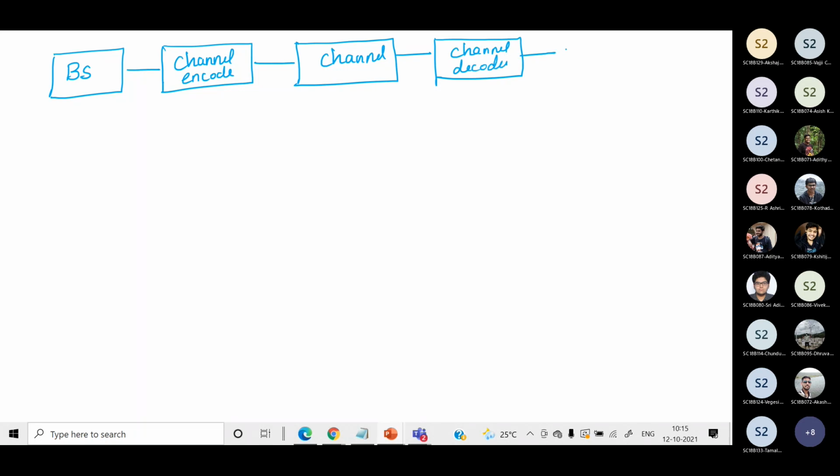Then this is your destination or sink, whatever you want to call it. This will be the block diagram. The input to your channel is ones and zeros, and the output of the channel is ones and zeros.